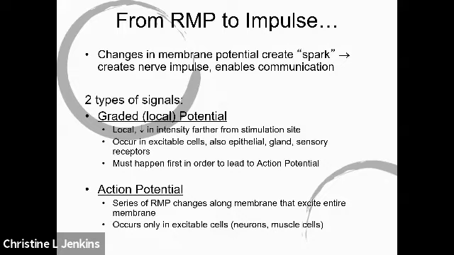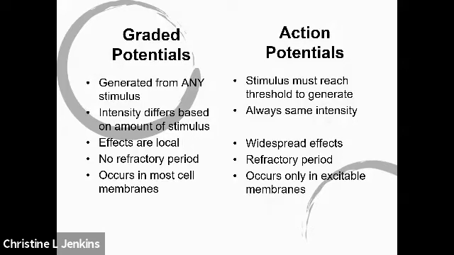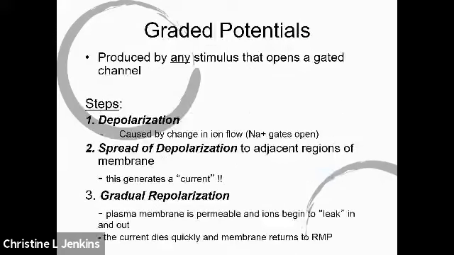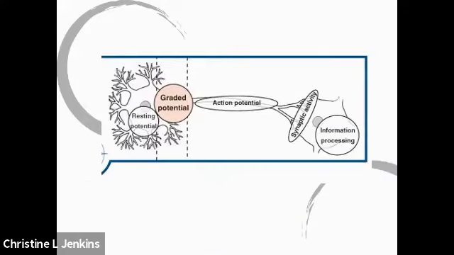So what I want to do first, before we put it all together, is introduce some of the major differences between these two. What we're going to find out is, in order to make an action potential, which travels the whole length of the axon, we have to create a graded potential first.